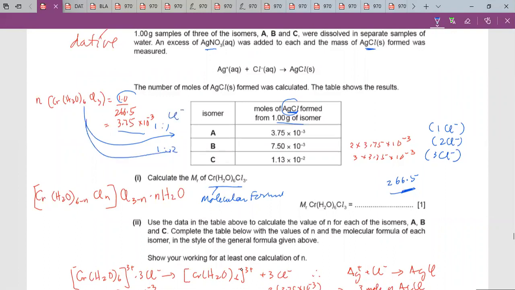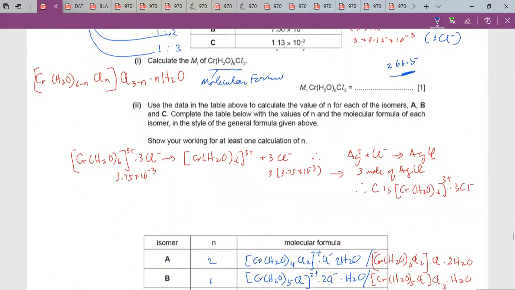This one here, 1 mole of this gives you how much? 3 moles of silver chloride, because this is 3. So 1.13 times 10 to the power minus 2 over 3.75 times 10 to the power minus 3 is equal to 3. Okay, 3 moles.